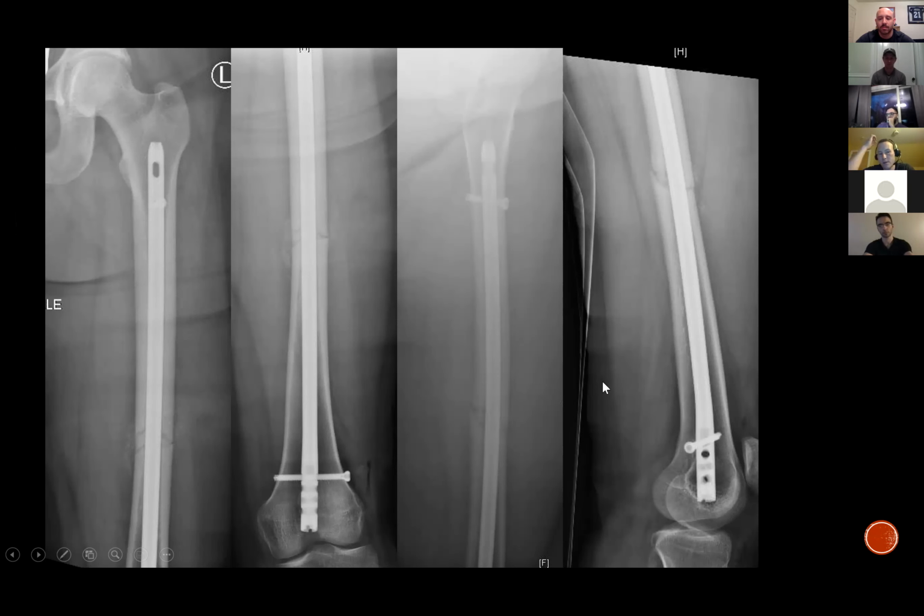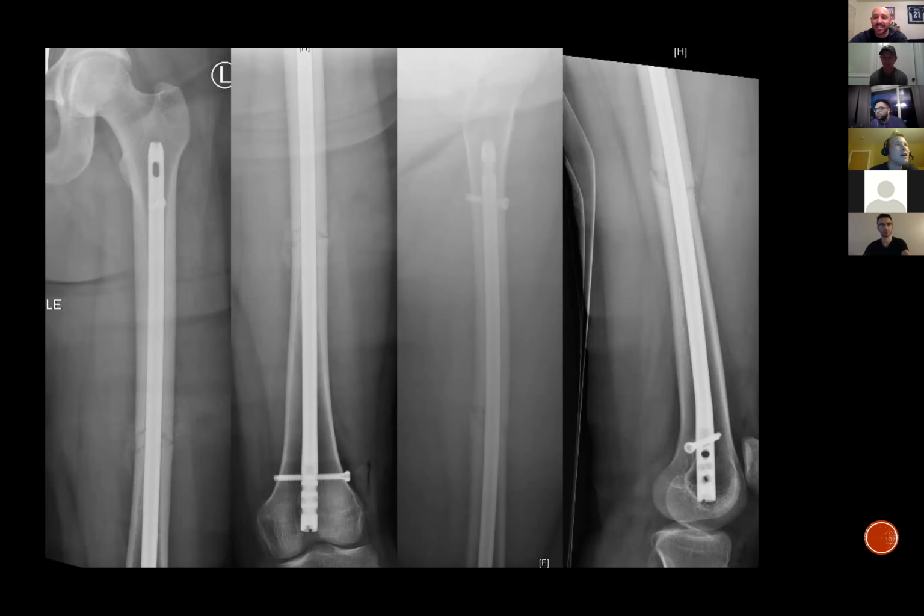There's also a question about how do you choose between a cephalomedullary nail versus sliding hip screw for femoral neck fractures? That's a whole different discussion. That's a great question. It's one that would take much longer to answer than we have time for here.